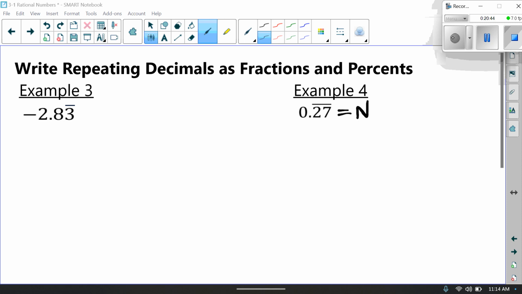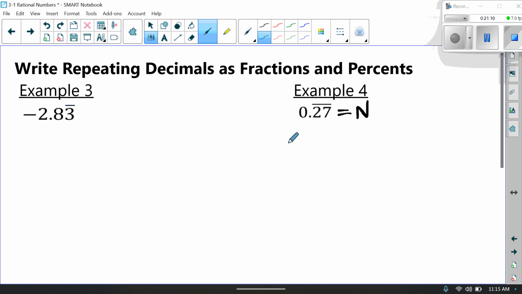If we had 3 numbers repeating, what do you think we would multiply times? 1,000, because that would be in the thousands place. Is everybody with me? Okay, so for this example 4, because we have 2 numbers repeating, we have to multiply times 100. Very good. We're going to multiply times 100. So n times 100.